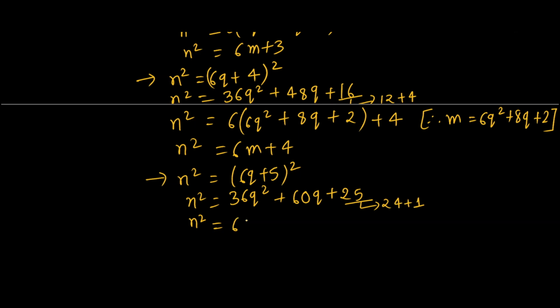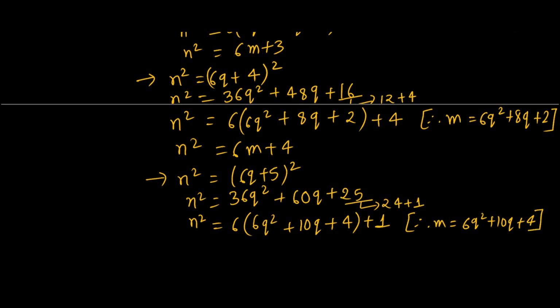So we got 6 as common, so 6q square plus 10q plus 4 plus 1. So hence m is equal to 6q square plus 10q plus 4. Hence we can write n square is equal to 6m plus 1.